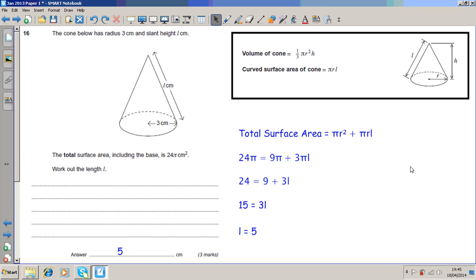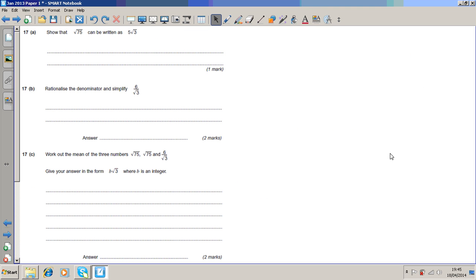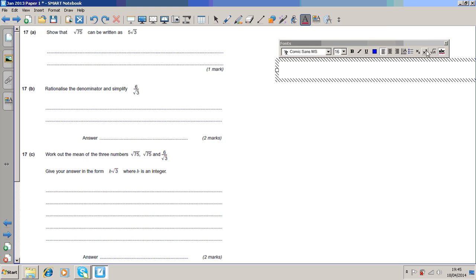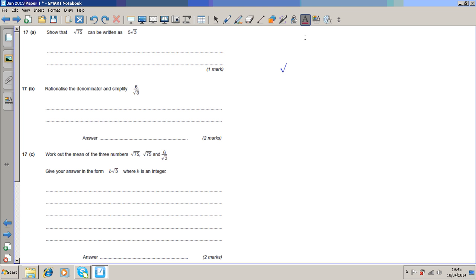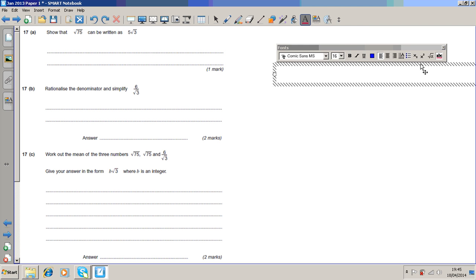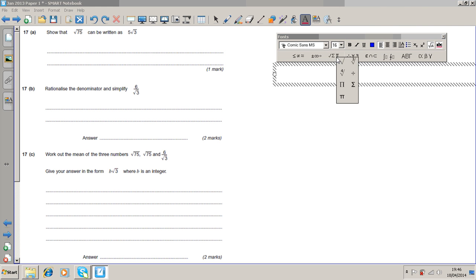Number 17. Show that root 75 could be written as 5 root 3.